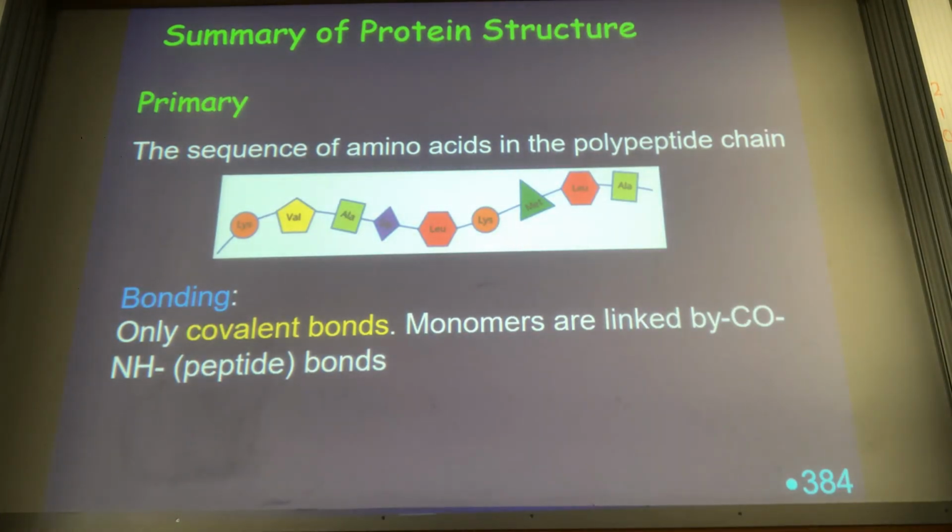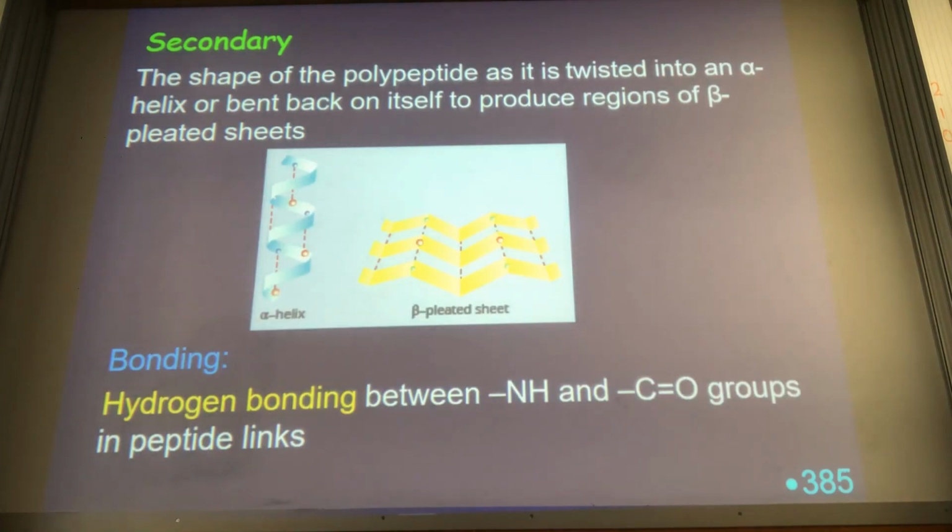So, summary with the chemistry emphasis. Primary structure is sequence of amino acids held together by covalent bonds, the peptide bond. Secondary structure, repeating patterns produced by hydrogen bonding between NHs and COs in adjacent peptide links.